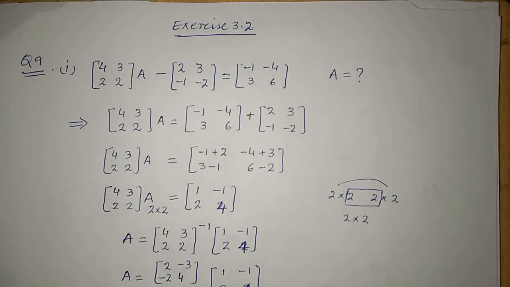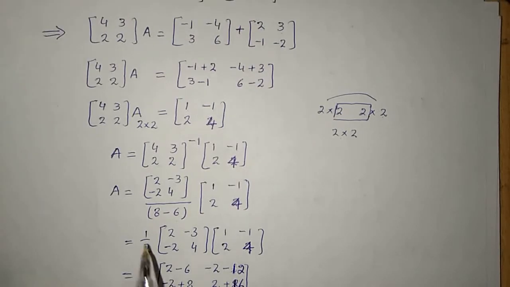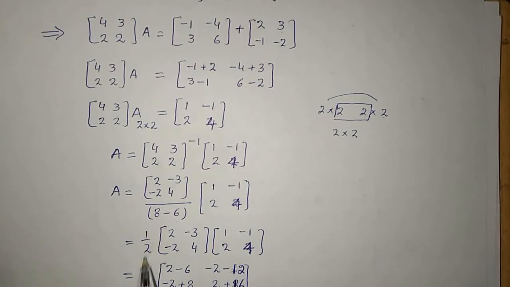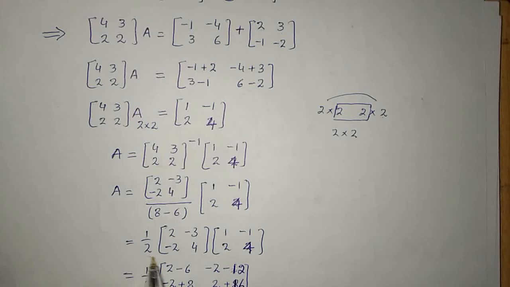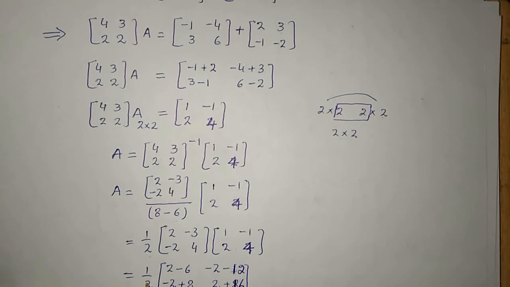So multiply these two matrices. This is the inverse, and multiply by this matrix. So 1 by 2 multiplied by the multiplication. First row is multiplied with the first column, 2 into 1 is 2, minus 3 into 2 is minus 6.